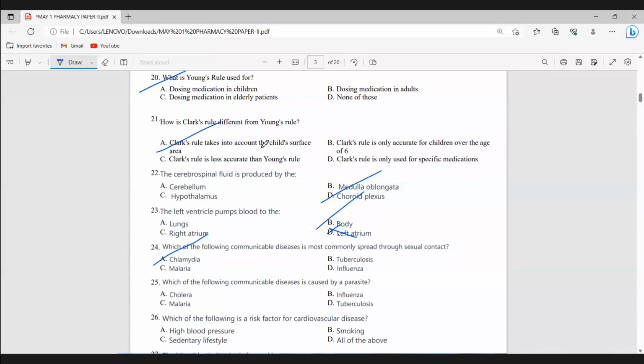Clark's formula takes into account child surface area, and Clark's formula is only accurate for children over 6, less accurate than Young's rule, and only used for specific dosage form. But it is not like that. The difference is, in 21, we don't take surface area into account. Clark's rule is only accurate for child over age 6, it's not like that. Clark's rule is less accurate than Young's rule.